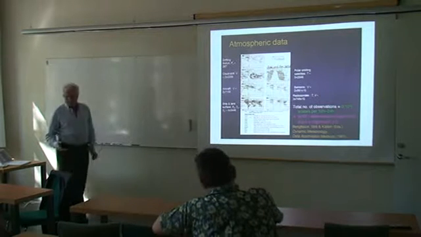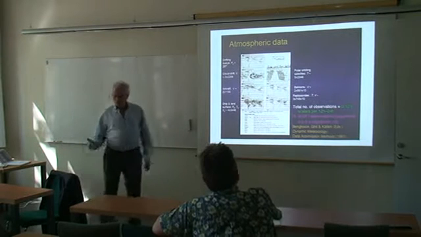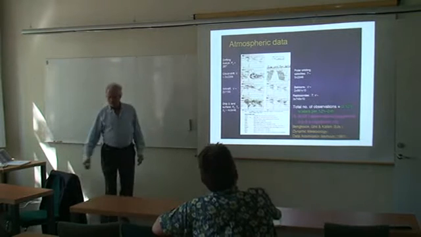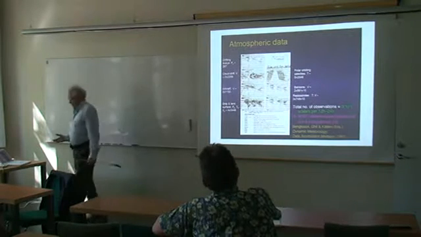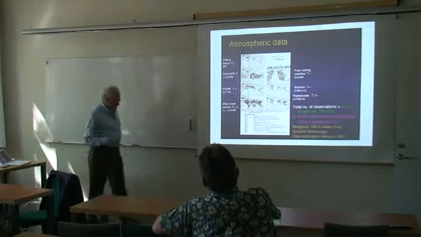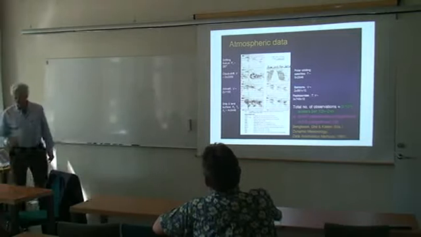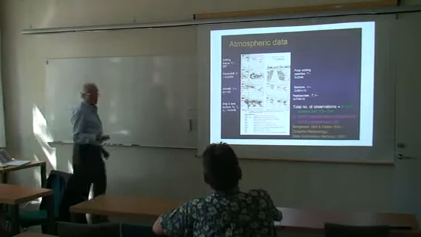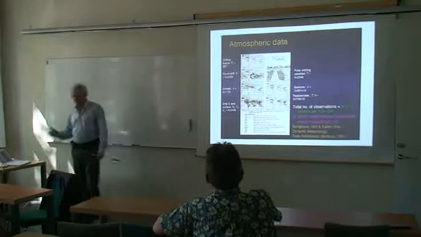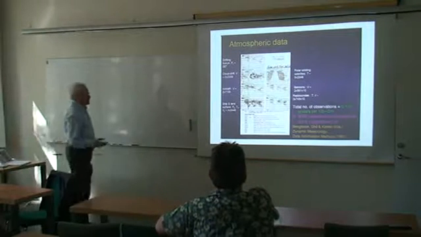You need observations to compute the weather, and it was already realized by Bjerknes at the beginning of the 20th century that numerical weather prediction is or should be an initial value problem for a set of partial differential equations that govern the atmosphere.